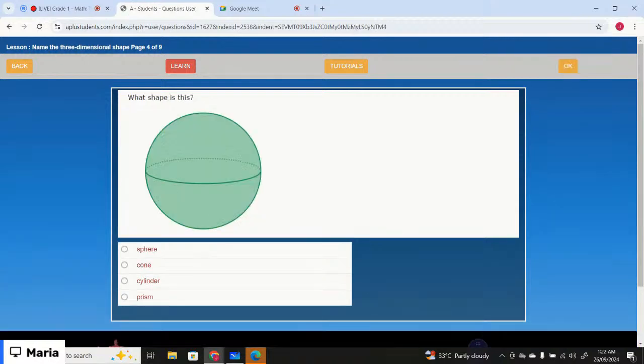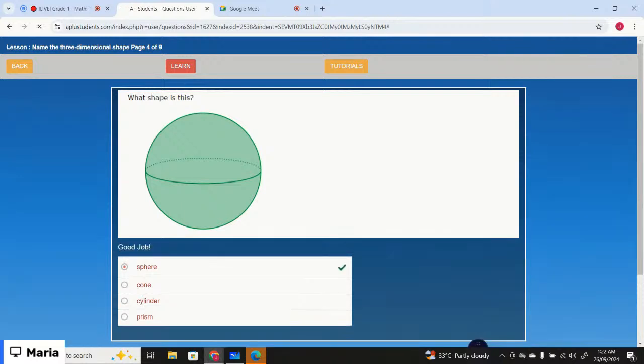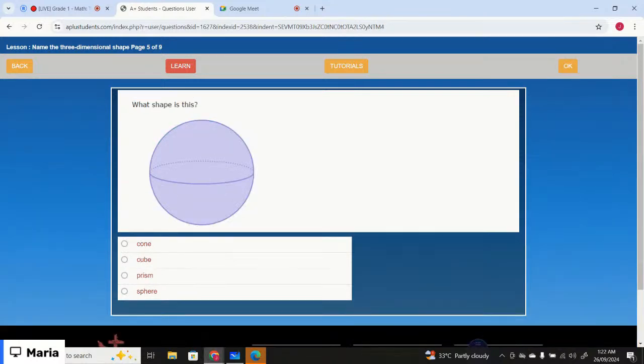What shape is this? Yes, that's a sphere. Option number 1 is the correct option. What shape is this? Yes, again, that's a sphere.